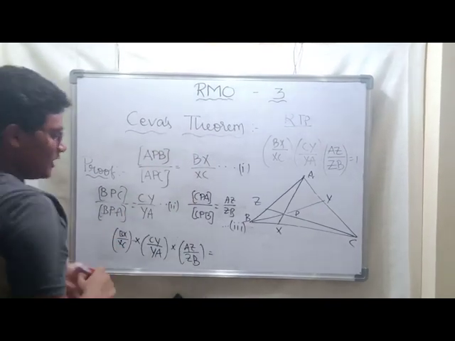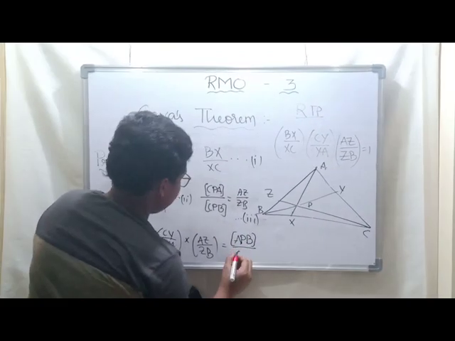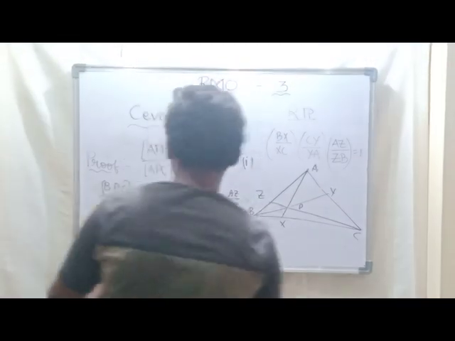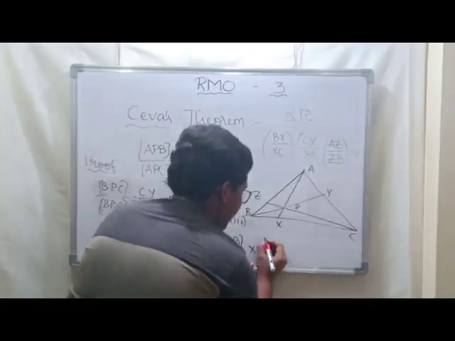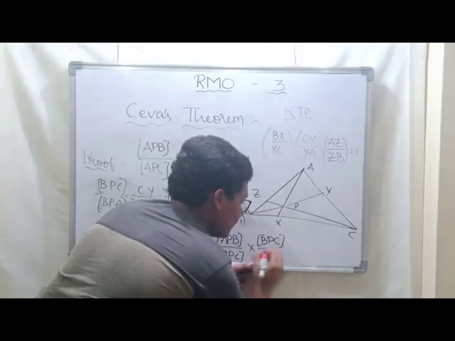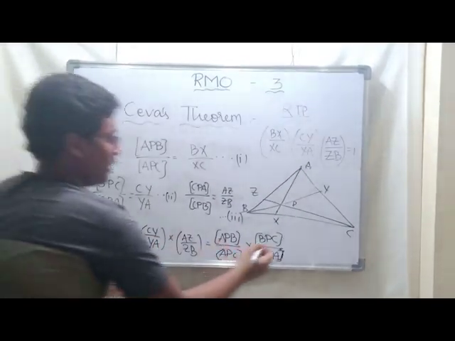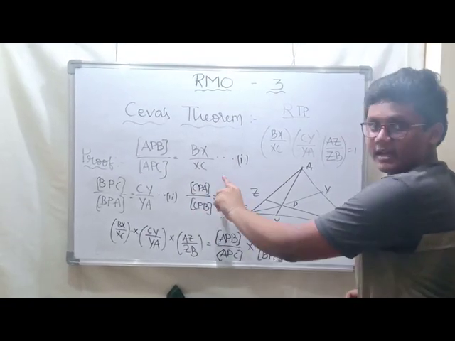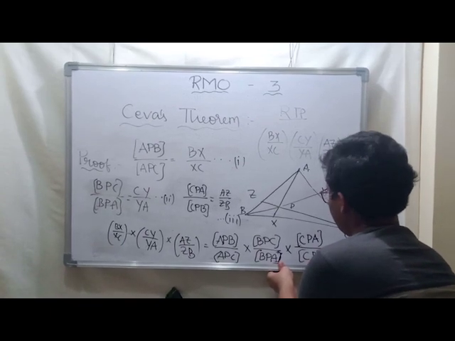By substituting all those values, we will substitute area of triangle APB by area of triangle APC in place of BX by XC, into area of triangle BPC by area of triangle BPA in place of CY by YA, into area of triangle CPA by area of triangle CPB in place of AZ by ZB.